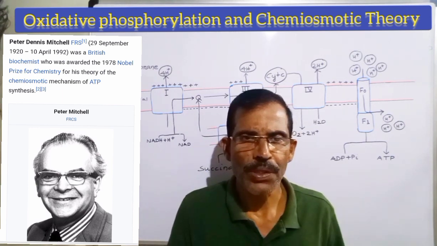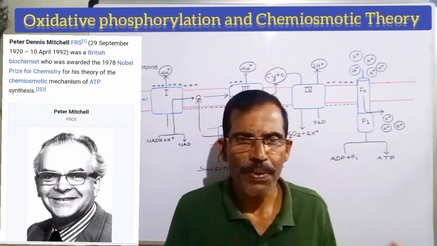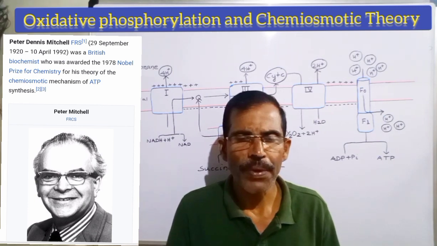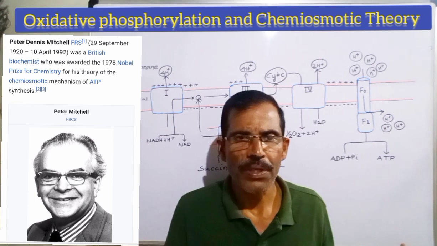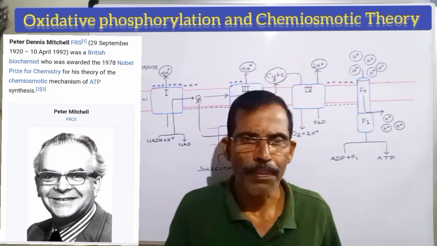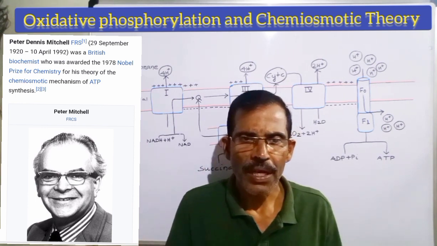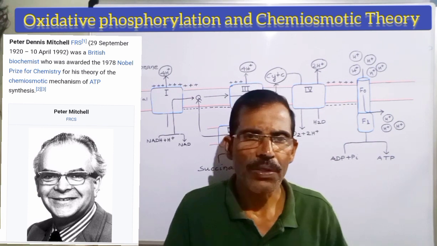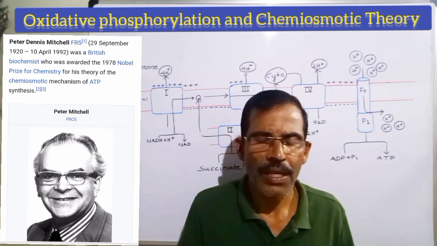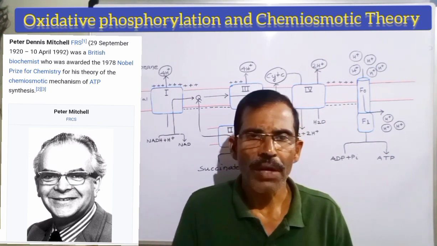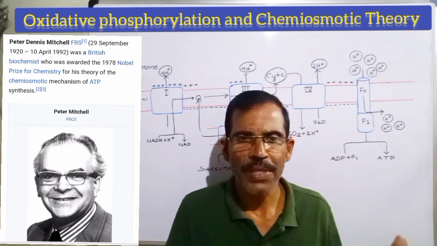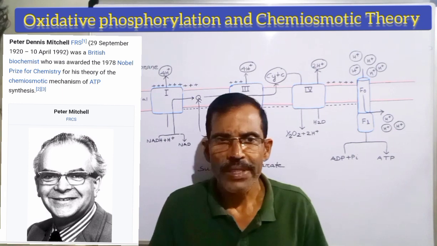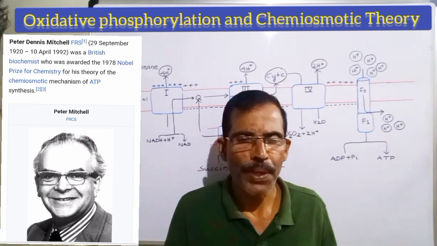During respiration, electrons are released from NADH and FADH2 and are eventually transferred to molecular oxygen. The free energy released during the oxidation of a single NADH or FADH2 molecule is sufficient to drive the synthesis of several molecules of ATP.